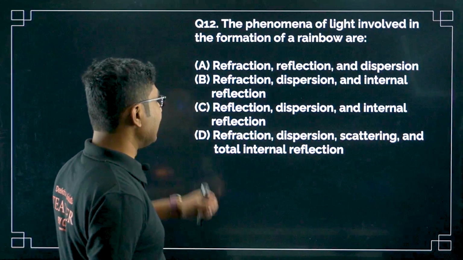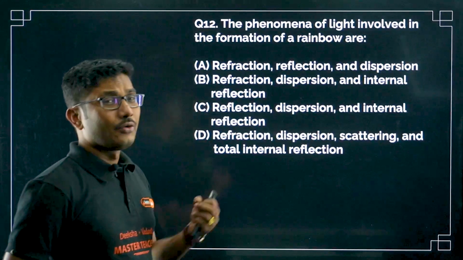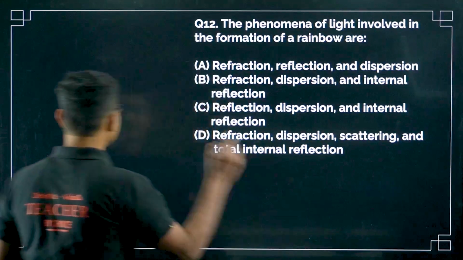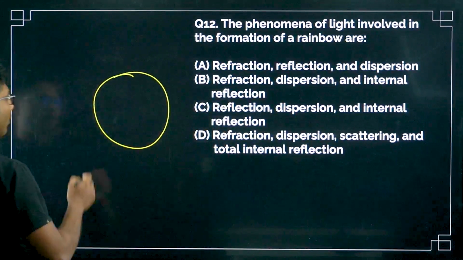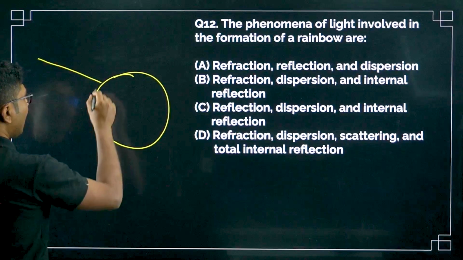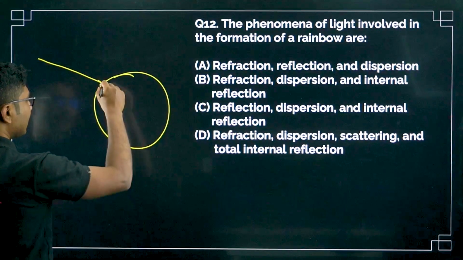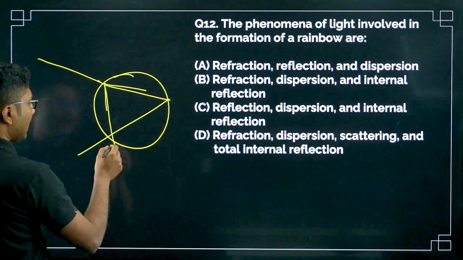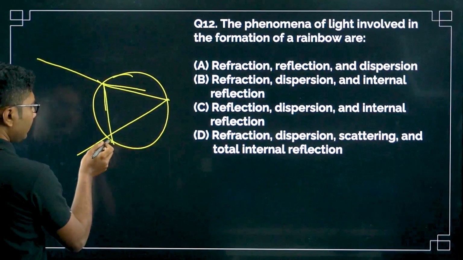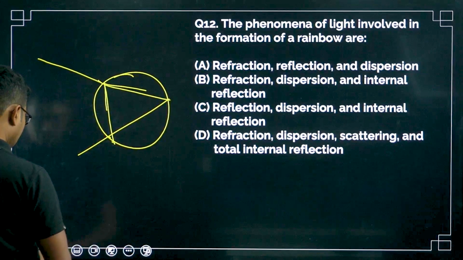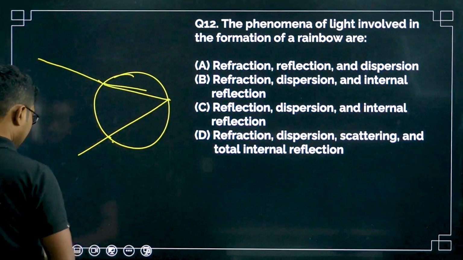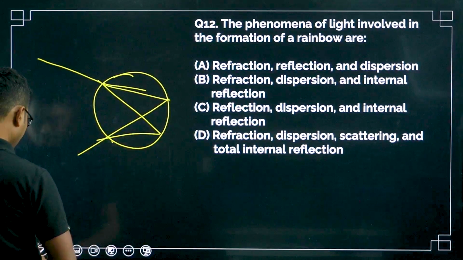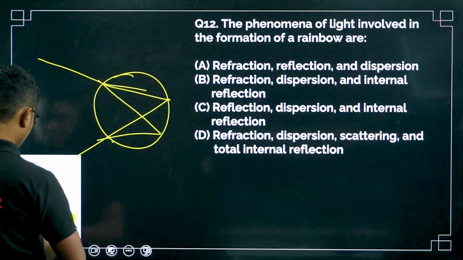Only refraction, dispersion and total internal reflection are involved. First, sunlight comes into the water droplet and gets dispersed into 7 constituent colors. Then individual colors get totally internally reflected, based on the incident angle.